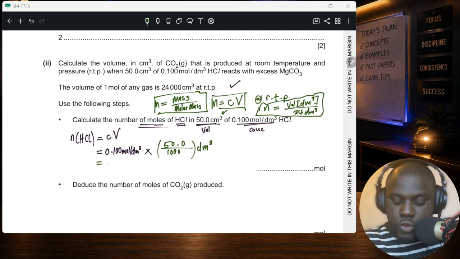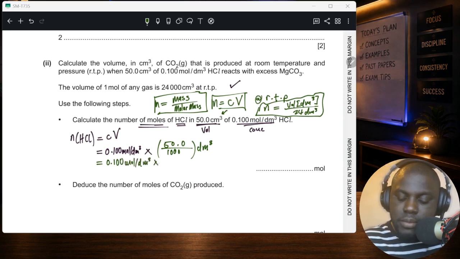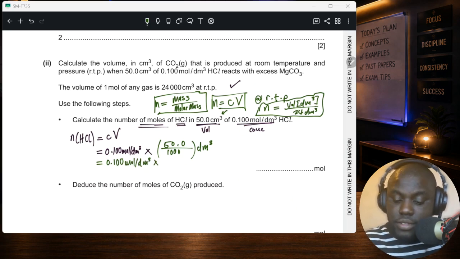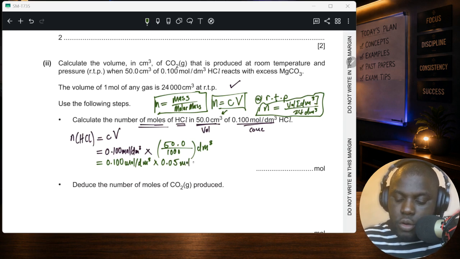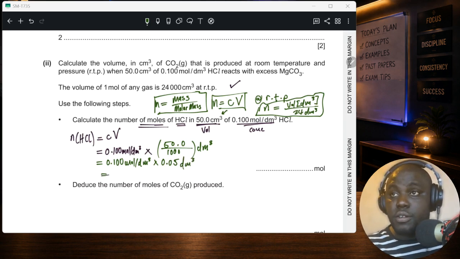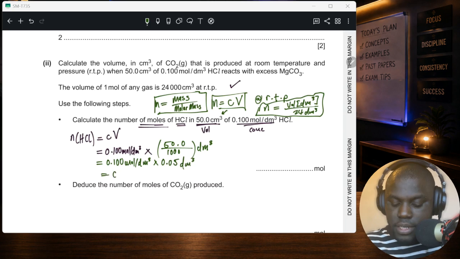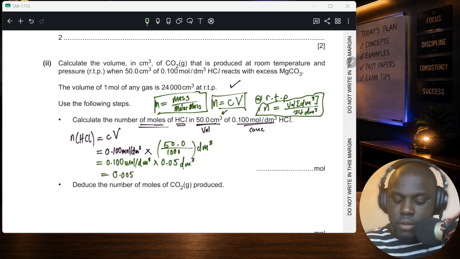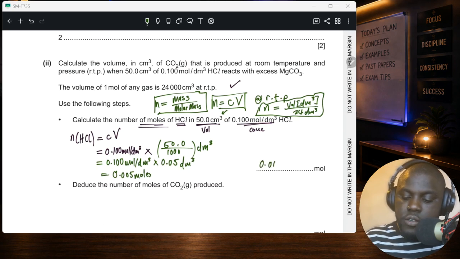So the number of moles will be 0.100 moles per dm cubed times 50 divided by 1,000. So it's like 5 over 100, 0.05 dm cubed. So now 0.1 times 0.05 becomes 0.005 moles. There we go, 0.005.